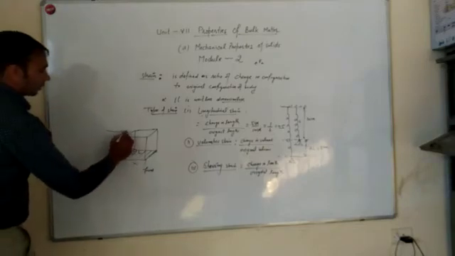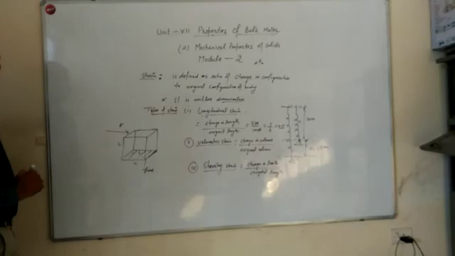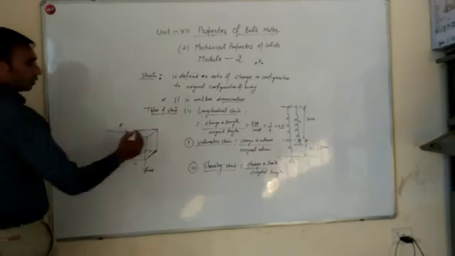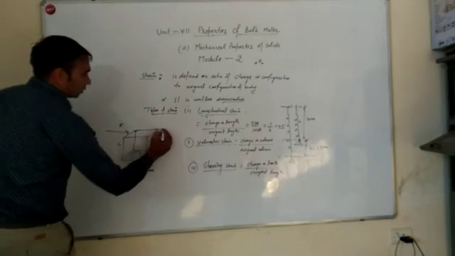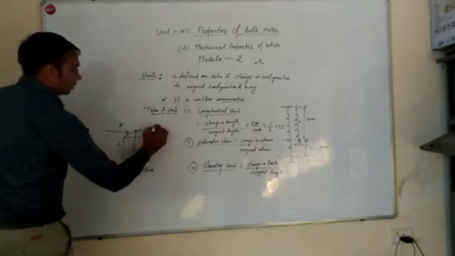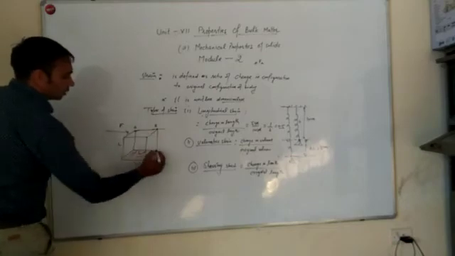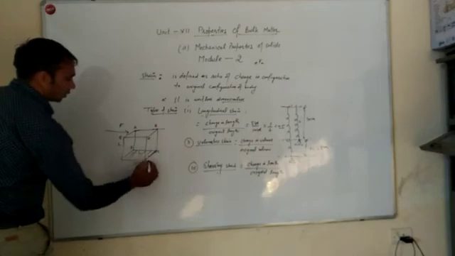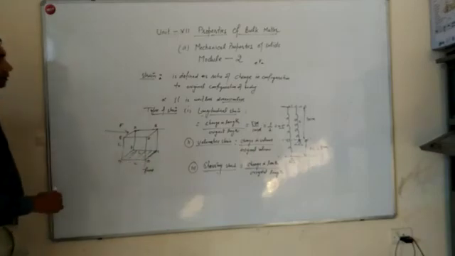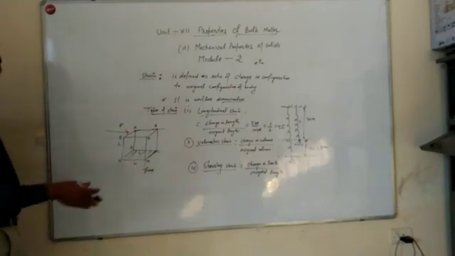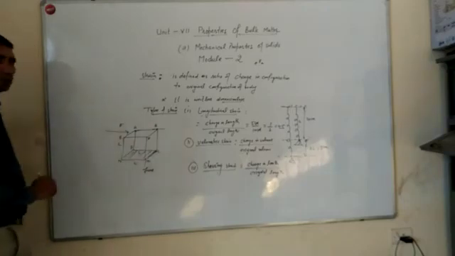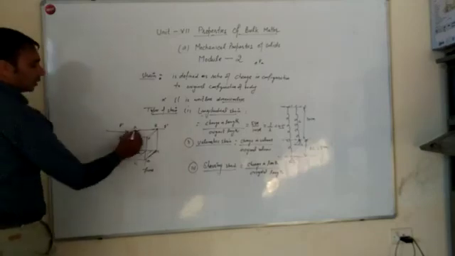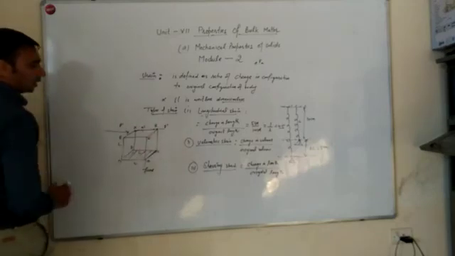The points are B, A, C, D, E, F, G, H. The upper face of the cube is shifted in the direction of the applied force. This point is shifted from B to B dash, and this point from A to A dash.